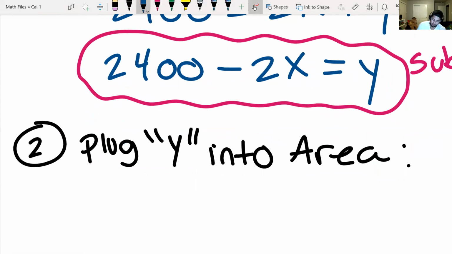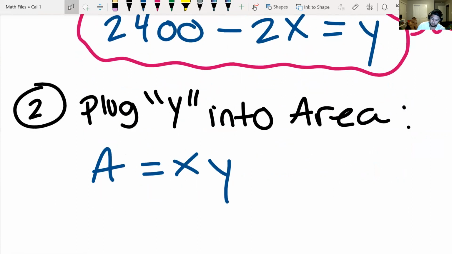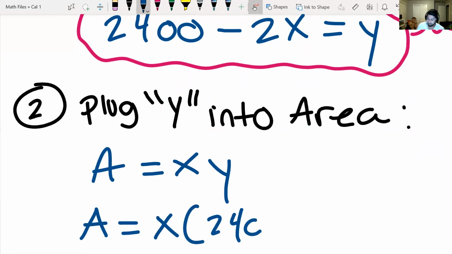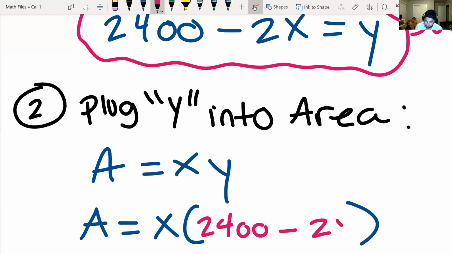So area was given as x times y, which means that we will now have area equals x times 2400 minus 2x, which is the new replacement for y, right? 2400 minus 2x.